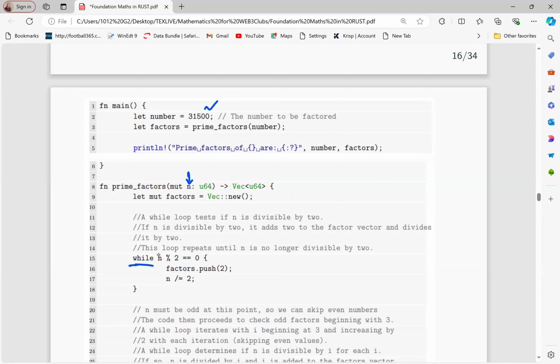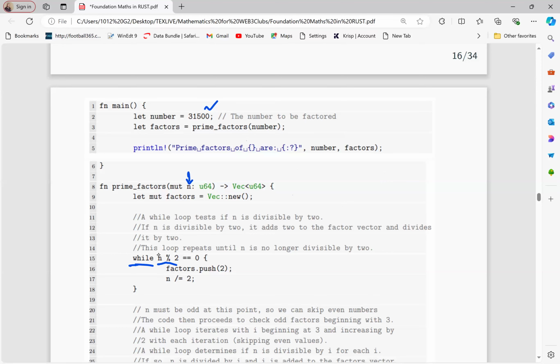So we begin with this while loop. This is the outside loop, and then there's a loop inside. What does the outside loop say here? It says n divided by 2.